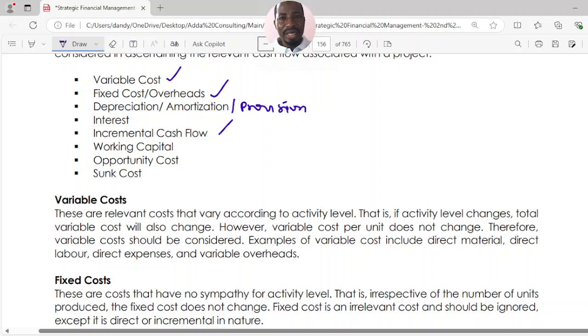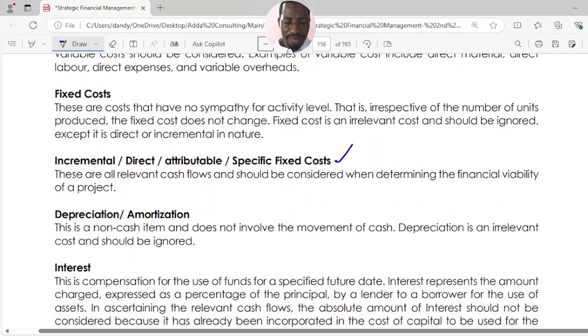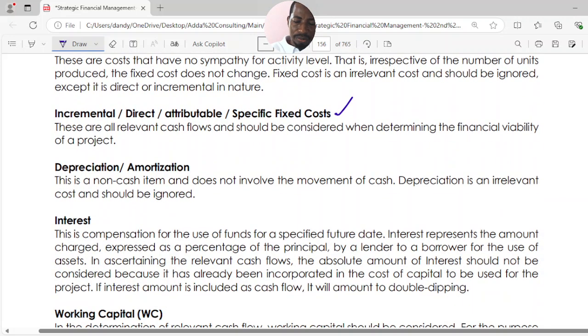When you are determining the financial viability of a project, cash flow is needed, and depreciation, amortization, or provision are not cash flow. Therefore, you ignore them, because they do not involve movement of cash. So depreciation, amortization, and provision are irrelevant and should be ignored.